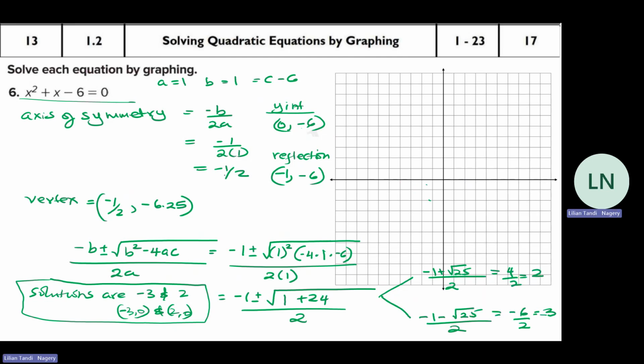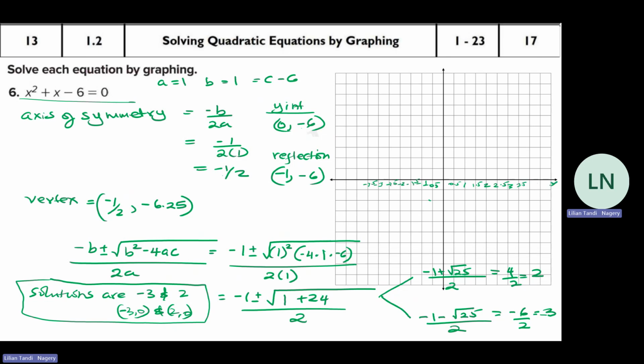Okay, we have negative half. So go by half: -0.5, -1, -1.5, -2, -2.5, -3, so forth, -3.5, then 0.5, 1, 1.5, 2, 2.5, 3, 3.5, and so on.